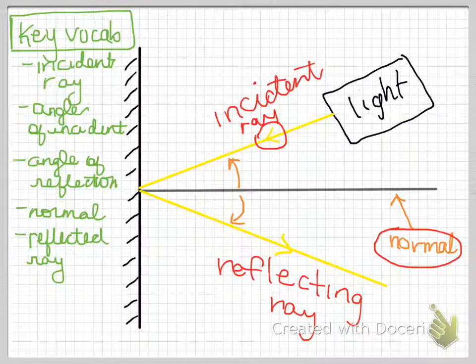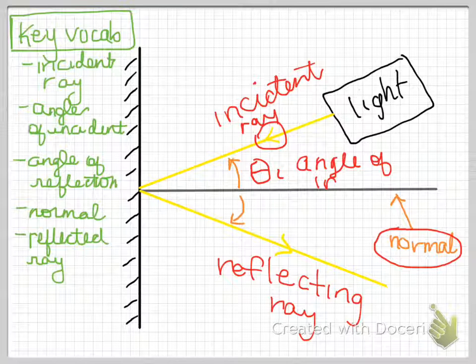Then there's something called the angle of incidence. We can represent that with the mathematical symbol angle I. So that's the angle of incidence. Sorry about the messiness there, but you get what I mean.